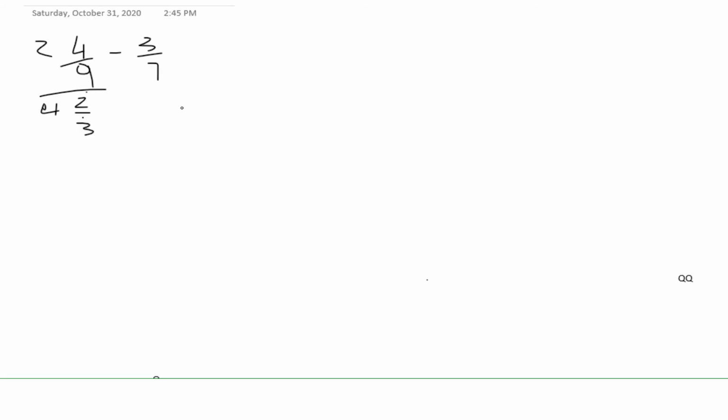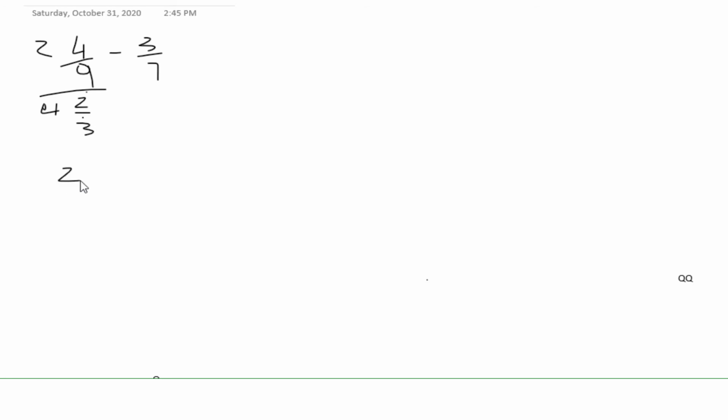Okay, what we have here is January 2011. We have a fraction over fraction minus 3 over 7. So we're gonna work 2 and 4 over 9 divided by 4 and 2 over 3, and the answer that we get, we're gonna subtract 3 over 7 from it. So what we'll have now is we're gonna change this to improper fraction.